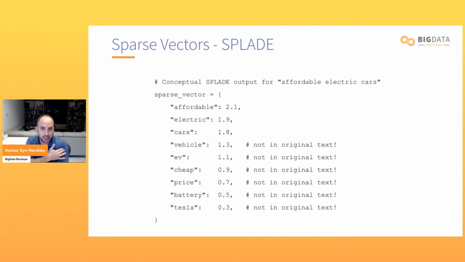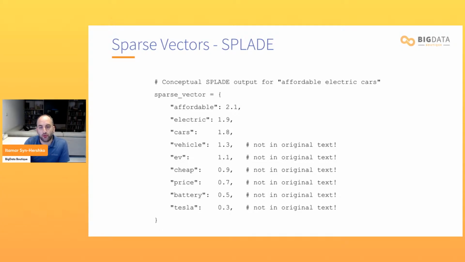But Splade is able to do it, because it is able to generate a sparse vector that would also include the word cheap and maybe some notion of the word price with different scores. And then even though some terms are not in the original text, it's still going to be found and scored based on that.